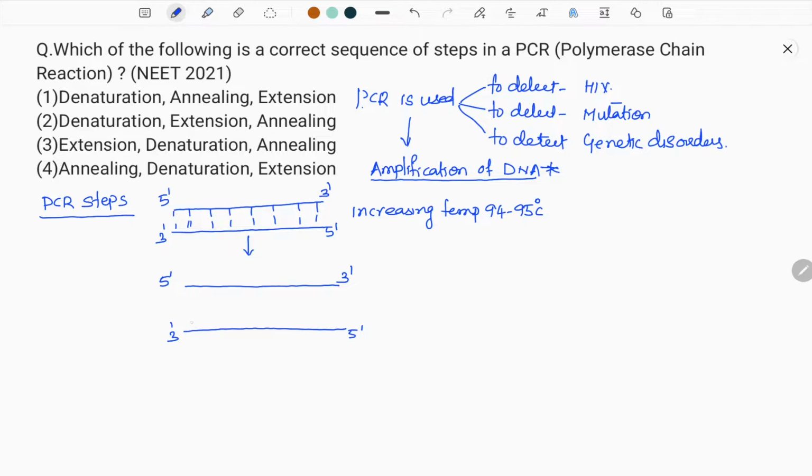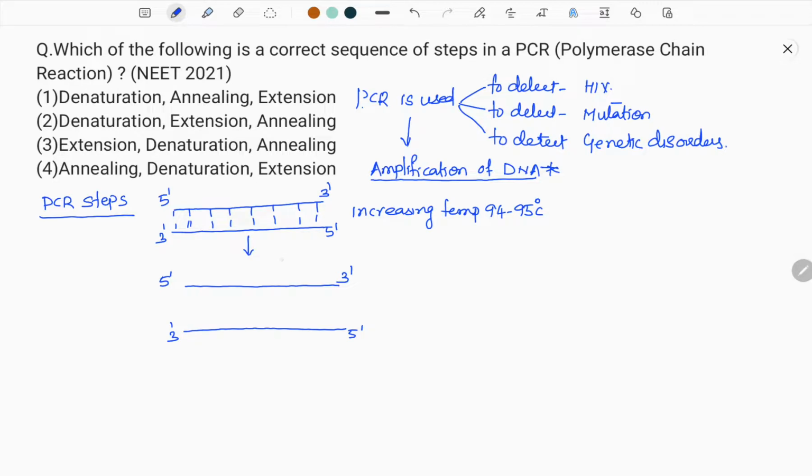Surprisingly, you should know that DNA is not denatured here. I mean, the single strand DNA is not denatured. Only the hydrogen bonds are broken down and the double-stranded DNA will become single-stranded DNA. So we can understand that up to 95 degrees Celsius also DNA remains alive.